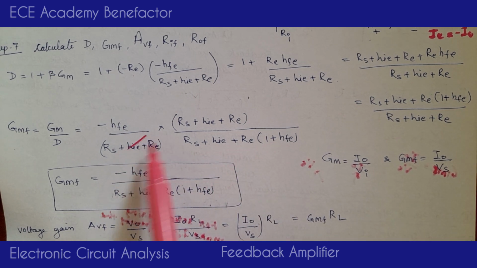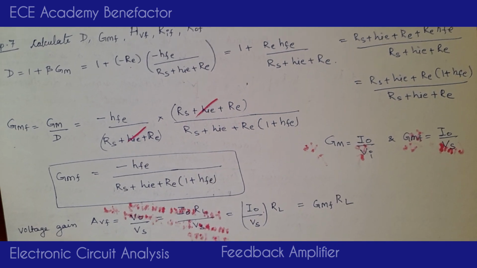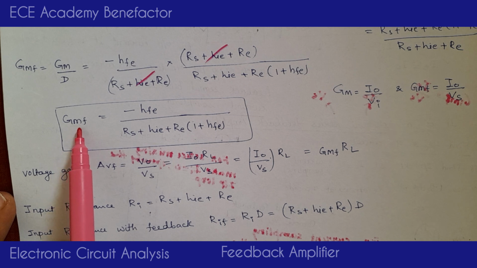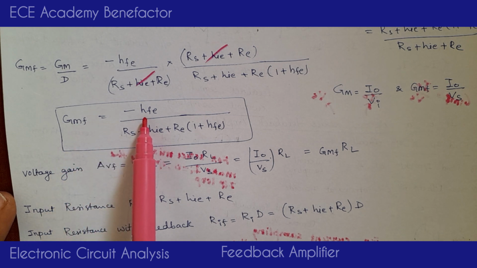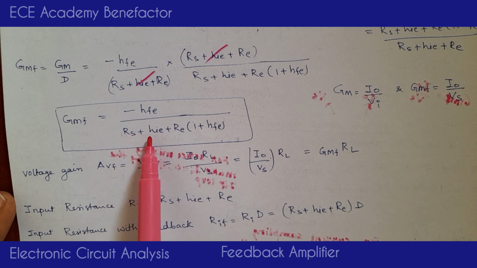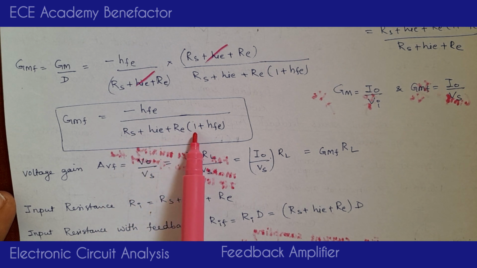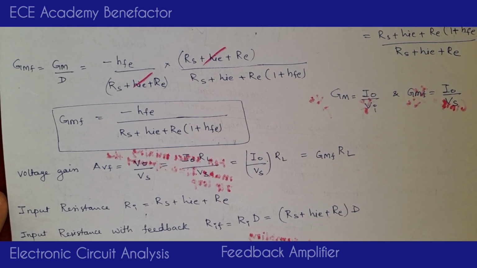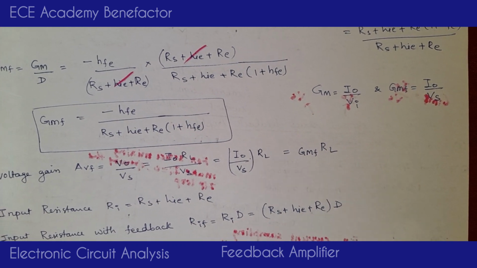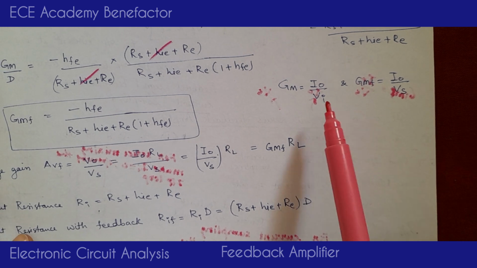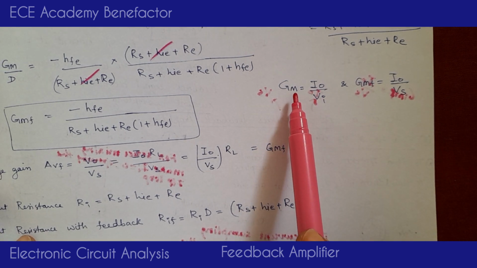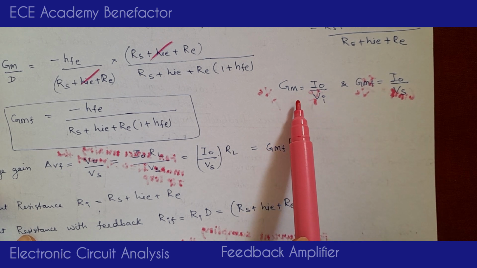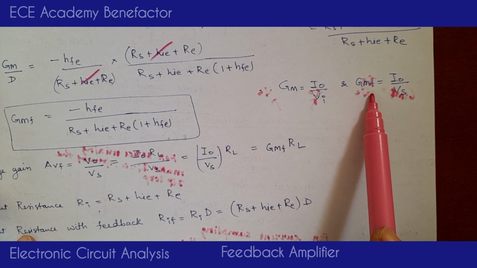So these two get cancelled and GMF, the transconductance with feedback, is coming to be as minus HFE by RS plus HIE plus RE times of 1 plus HFE. So we could first get the equation GMF. The equations quickly we can see. GM is the open loop gain, GMF is the closed loop gain, that is, without feedback and with feedback.